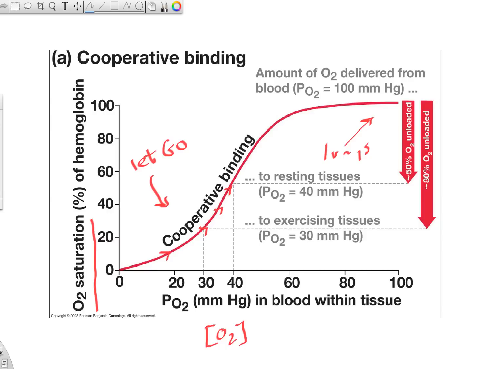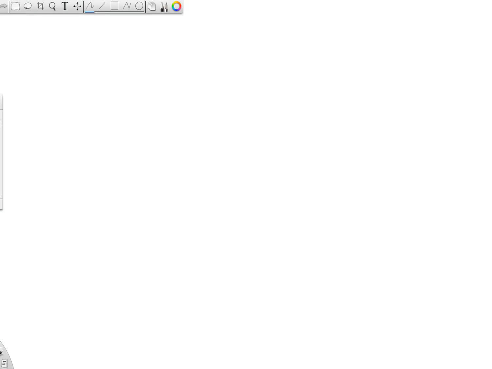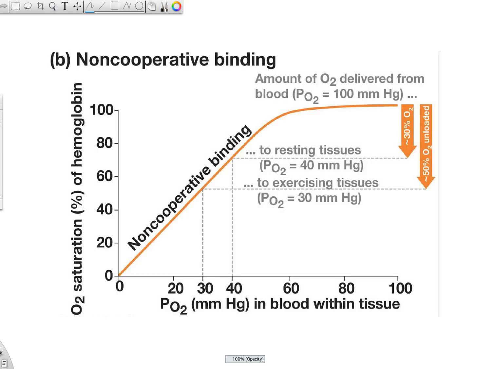To illustrate why this is a better situation than if hemoglobin was always in its higher affinity state, let me show you the picture the book provides us of non-cooperative binding. So this is specifically non-cooperative binding with the hemoglobin molecule locked into a high affinity state.